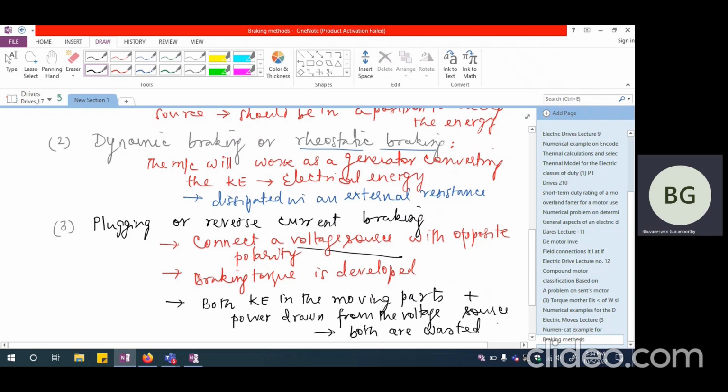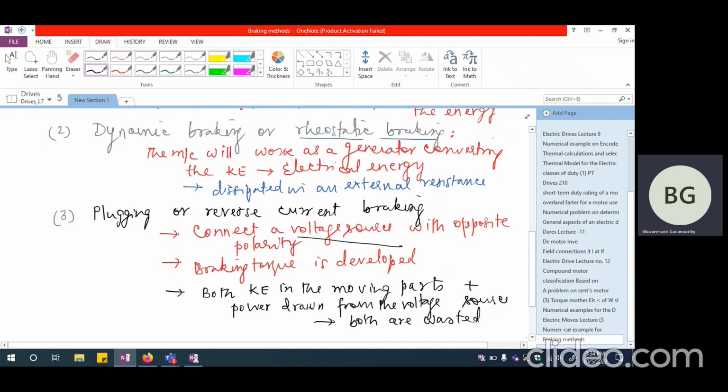When you apply a brake normally in a car, the mechanical brake actually puts an impediment. If this is the wheel that is rotating, you are going to have something like a belt holding it tightly, so the wheel will not be able to rotate.